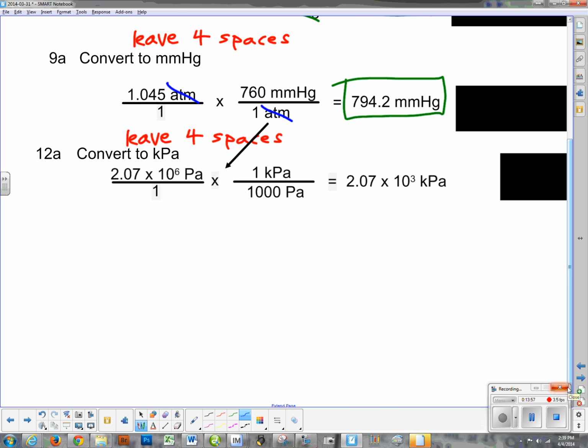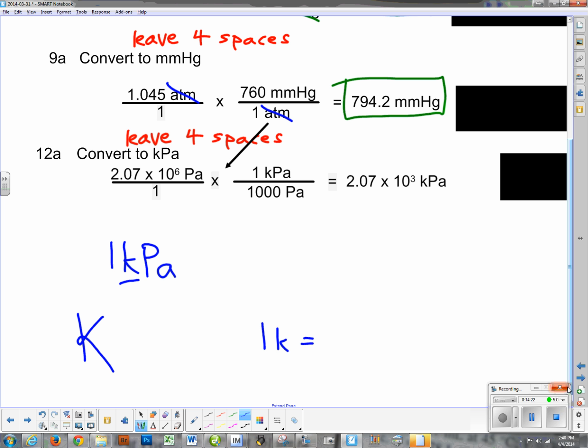1 kilopascal. What does K stand for? Temperature? No, the temperature K is a capital K. But this stands for kilo. What does kilo equal to? 1K is equal to what? 1,000.